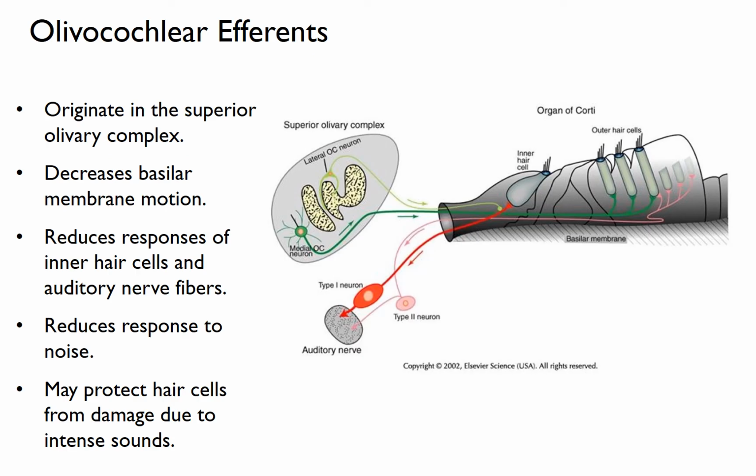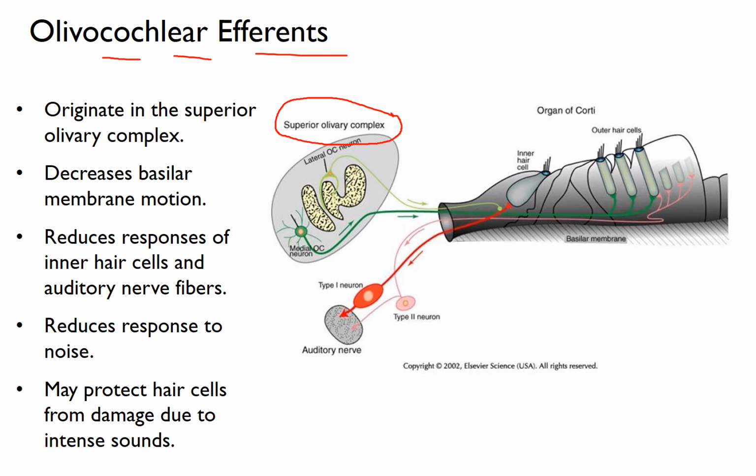First up are the olivocochlear efferents again. So now that you have learned about the superior olivary complex and its location and afferent function, here it is again in terms of being the nucleus of origin for the olivocochlear efferents.